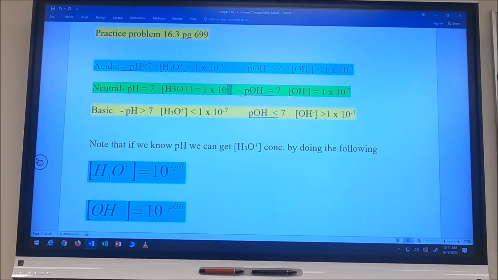So when we look here, I want you to notice that hydronium ion concentration is just equal to 10 to the minus pH. Hydroxide ion concentration would just equal 10 to the minus pOH. And we're going to look at problem 16.4.